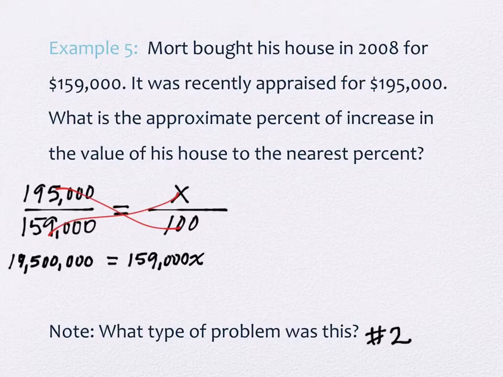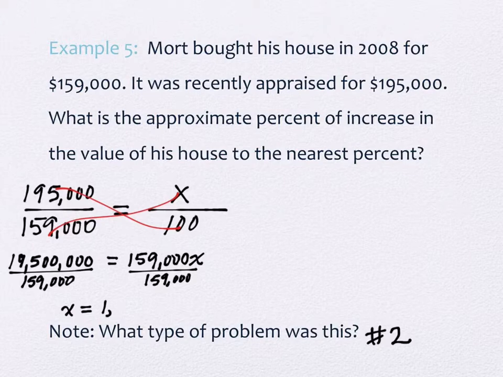So then if I divide by, or you divide by 159,000, what do you get? Say it again. 1,226.4142.